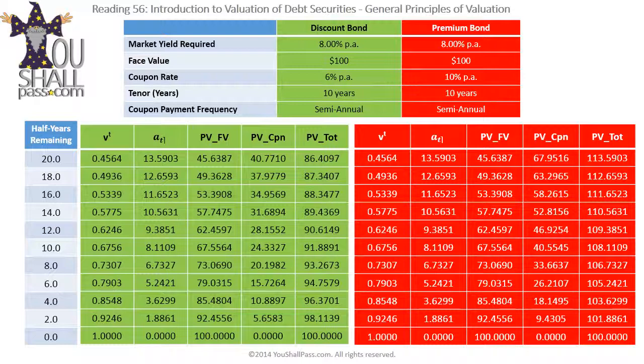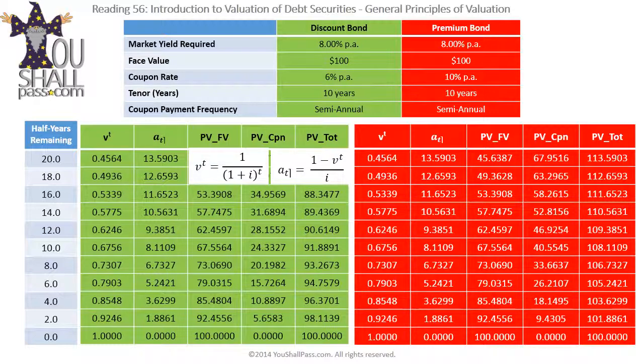These factors are the first and second green columns and the first and second red columns in the slide. You are strongly encouraged to replicate these figures to get comfortable with how these are arrived at and later on how these are used. Just to recall, the formulas for the discount and annuity factors are presented here.